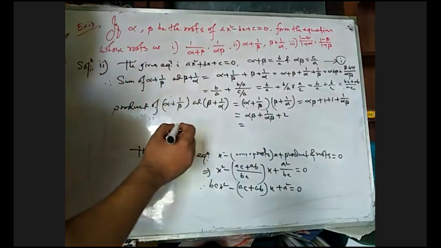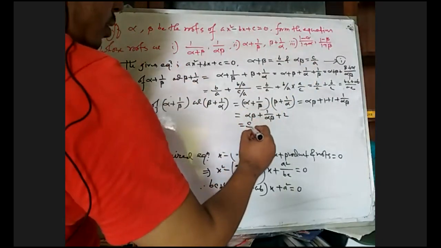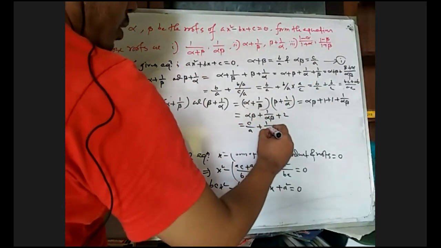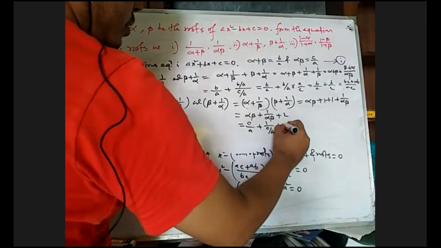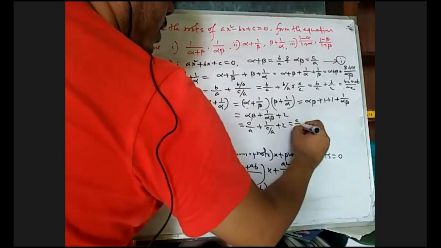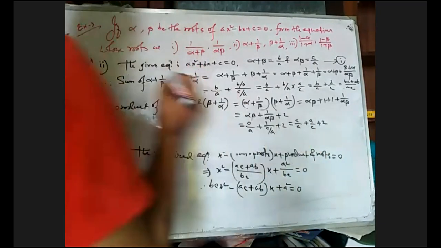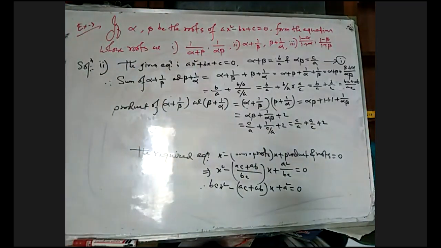Now putting the value of alpha into beta. Alpha into beta what? c by a from equation 1. c by a plus 1 by c by a plus 2. This equals to what? c by a plus a by c plus 2. So this will be what?